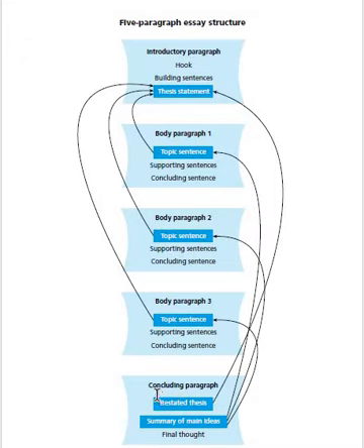And if we talk about the concluding paragraph, it consists of the restated thesis statement. You are going to rephrase it and restate it at the start of the concluding paragraph. Then the summary of the main idea, where you discuss the conclusion of each paragraph.